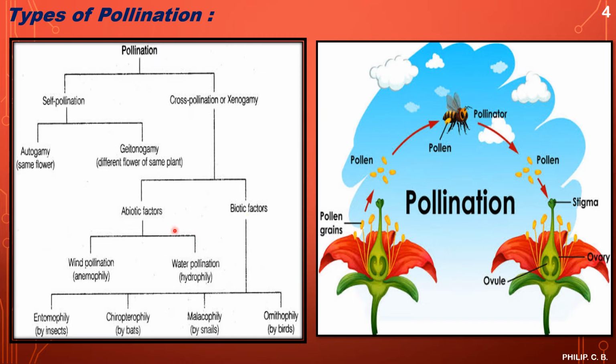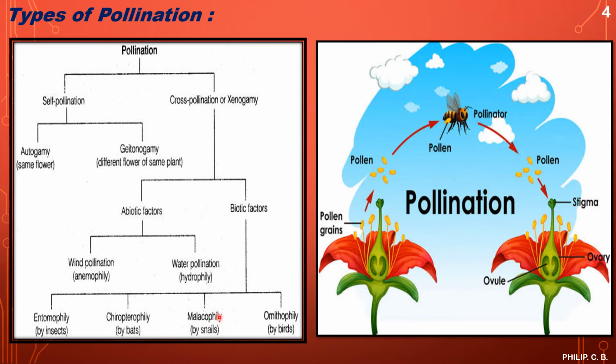In case of abiotic factors, it is wind pollination anemophily, water pollination hydrophily, whereas biotic factors means the living factors such as entomophily, insect, chiropterophily, bat, malacophily by snails, and ornithophily by birds. All these we came across in the first two slides.